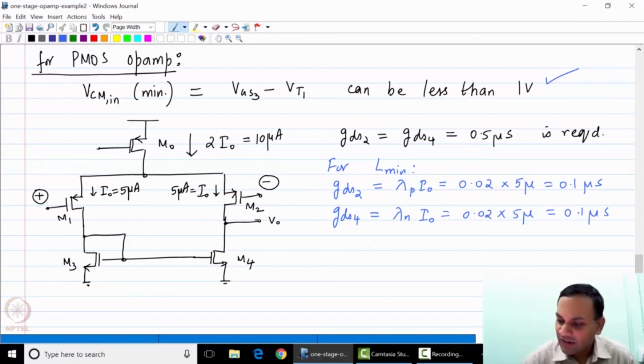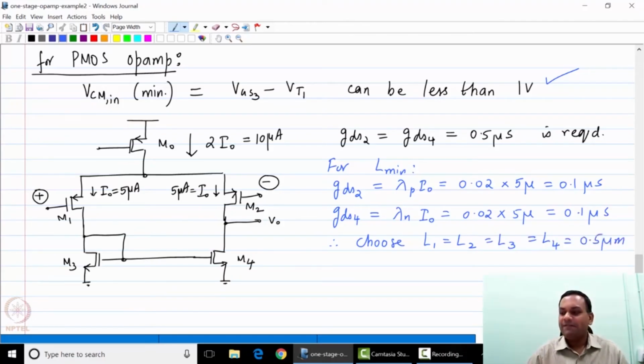With these values, we decide that L1 is equal to L2 is equal to L3 is equal to L4 equals 0.5 micrometers. If GDS2 and GDS4 were not small enough, you would have to increase the length of the transistors to get a larger output resistance. In this particular example, this is good enough.